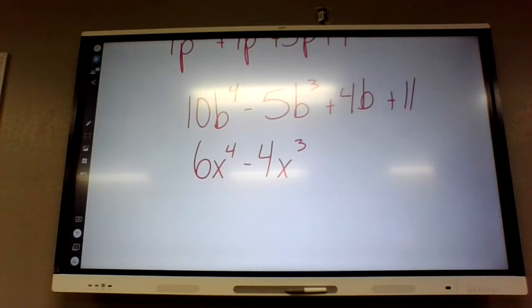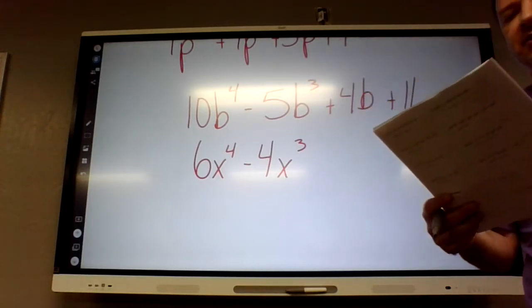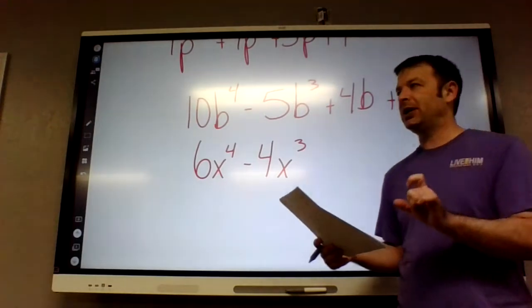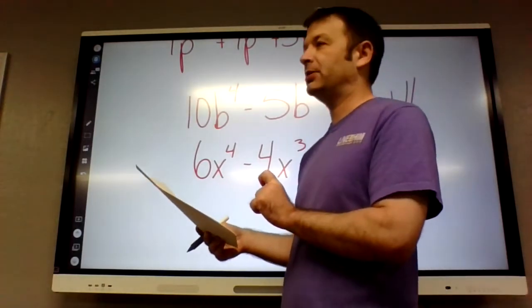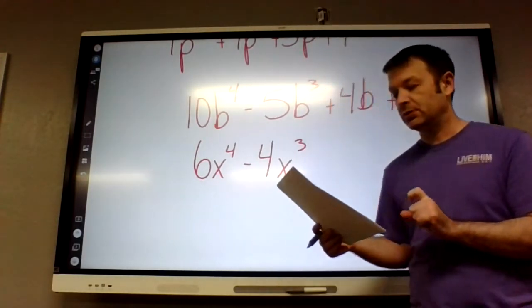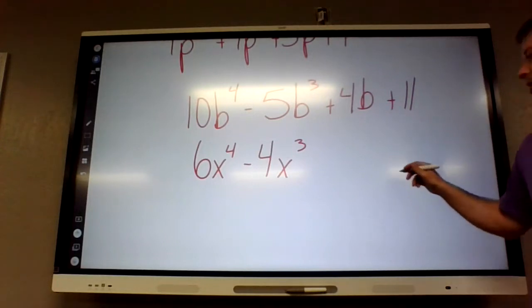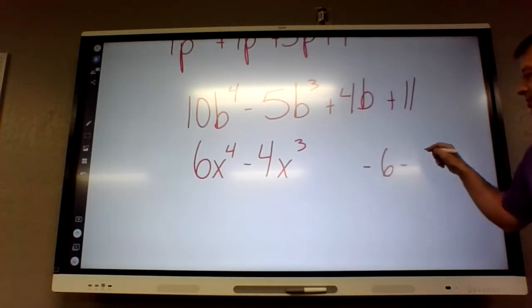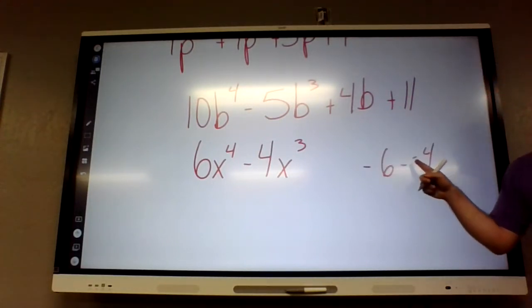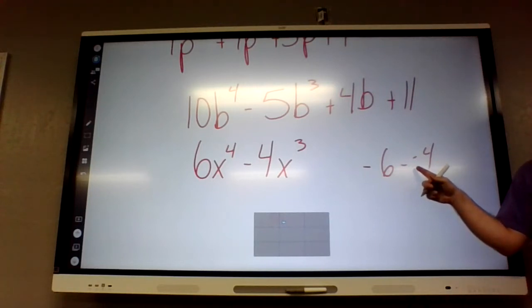And then in the left parentheses, I see negative 6x squared. And in the right parentheses, I have minus 4x squared. So I have negative 6x squared minus 4x squared. So what am I going to do? Minus 2x squared. I'm going to do negative 6 plus 4, which is negative 2.